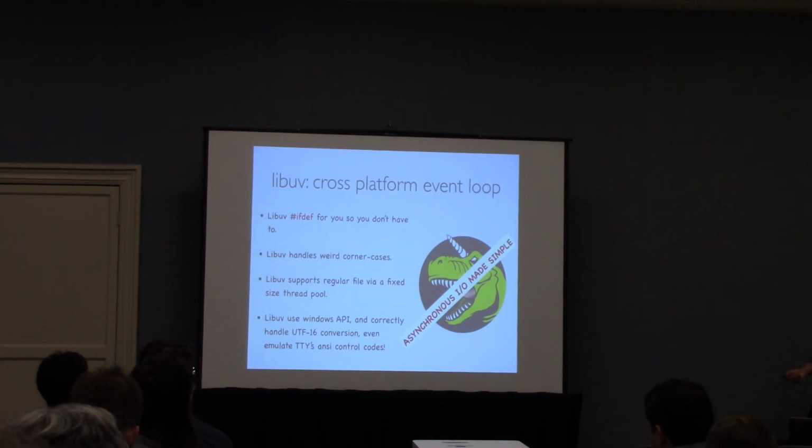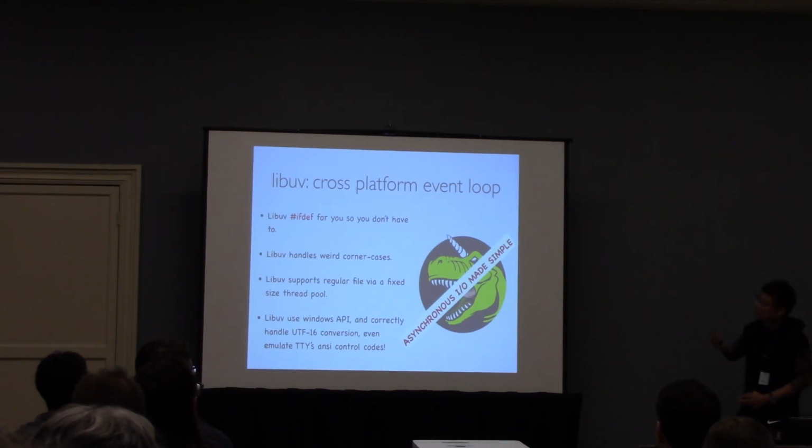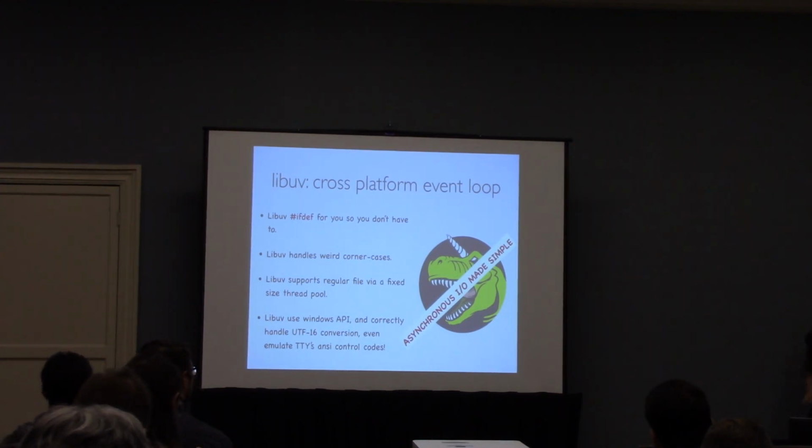Okay, the last point is that libuv did a brilliant job on Windows. It unified the TTY API. If you do some programming on Windows, and you want to change the color of the terminal or print some Unicode code points, you will see that maybe some strange things come out, because Windows didn't work in the Unix way.